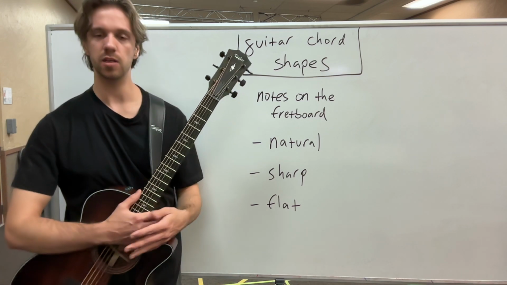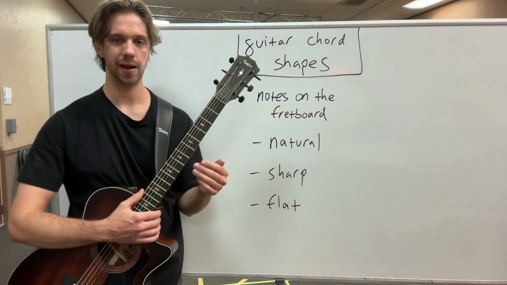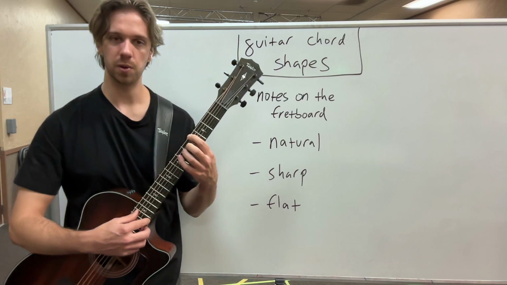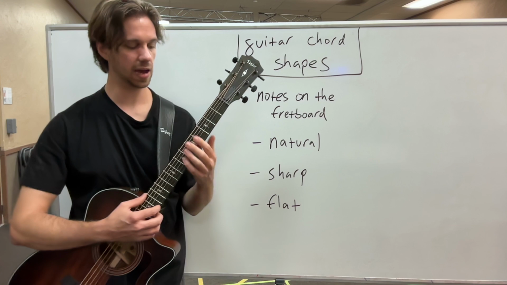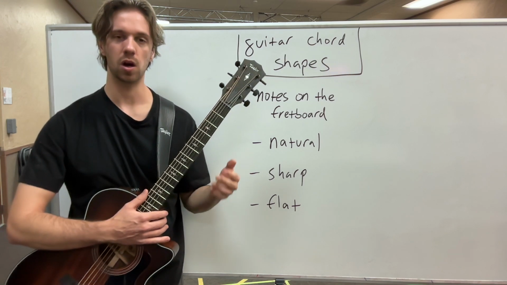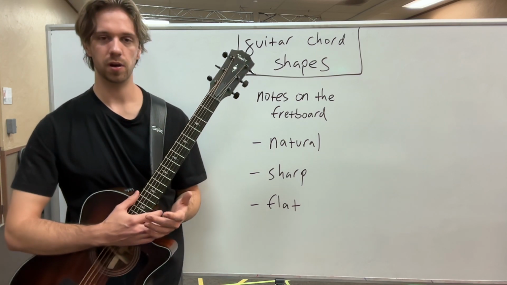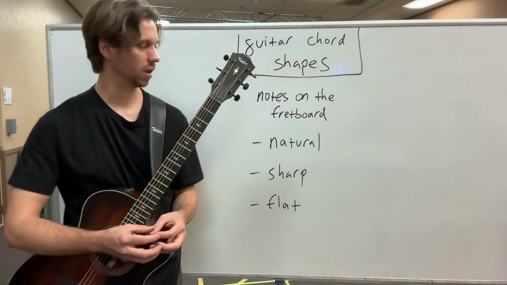Flat, on the other hand, is the opposite. It is lowering the pitch, or lowering a note, by a half step. So A, if we flat it, it becomes A flat. And then if we flat A flat, we lower it by a half step, it becomes G. When you're learning the notes on the neck, there are a number of different methods, and I have a video about that on this channel.